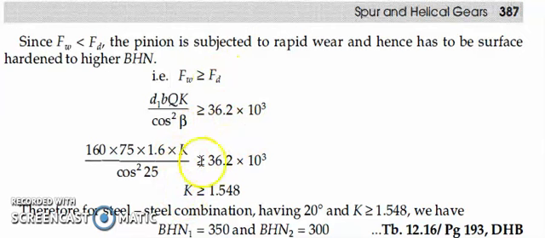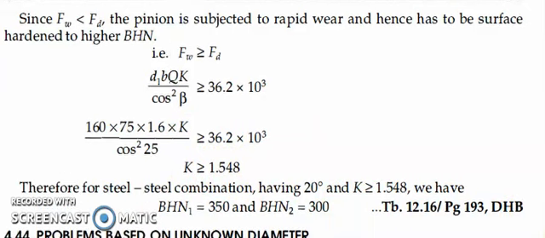Using this equation, find the value of K, which we can calculate as 1.548. So from table 12.16 we can take the value of BHN, that is Brinell hardness number, for the value of K, that is 1.58, it will become 350, and BHN2 we can take as 300. Thus we can conclude the design of the helical gear. Thank you.